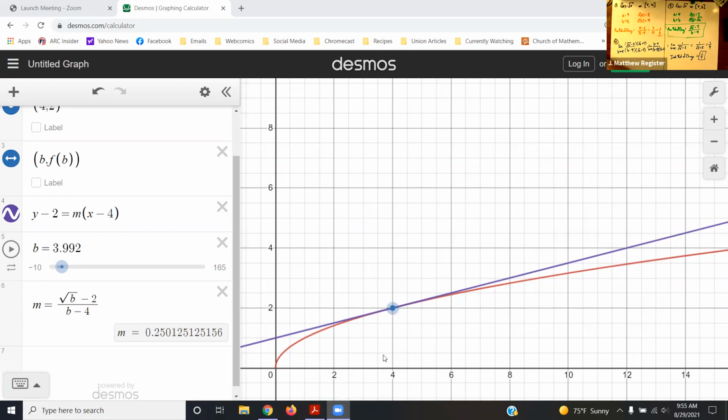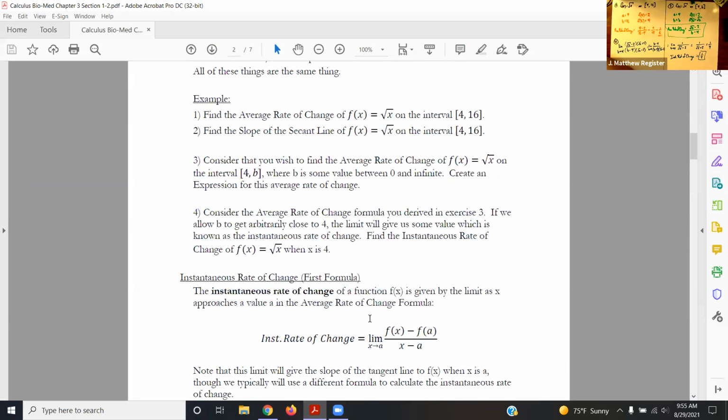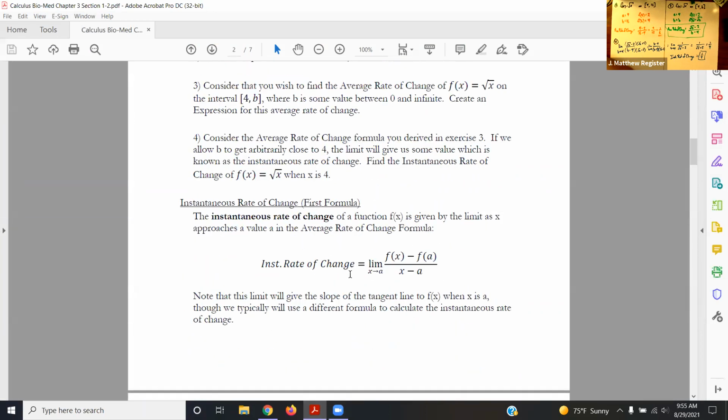One thing to note about this, and this is where this example can become kind of difficult, is the formula we just used is great, but it only works at this one point, at the point 4,2. And so we were able to find the instantaneous rate of change at 4,2 using this formula: the limit as x goes to a of f of x minus f of a over x minus a.